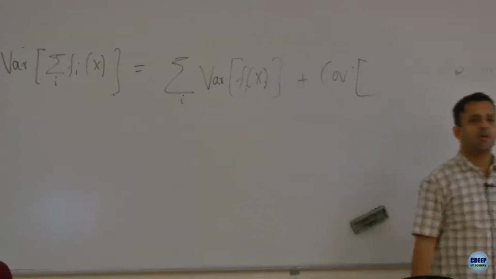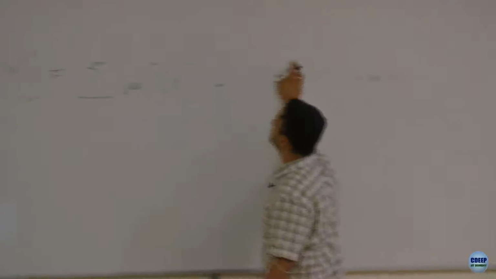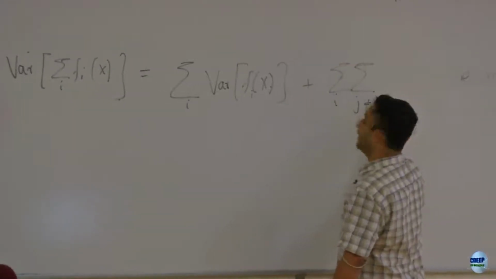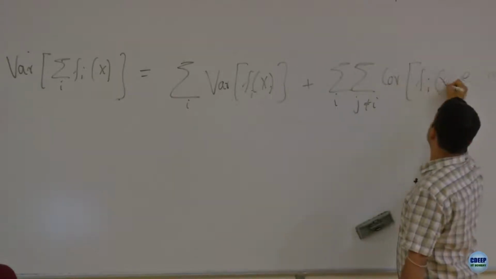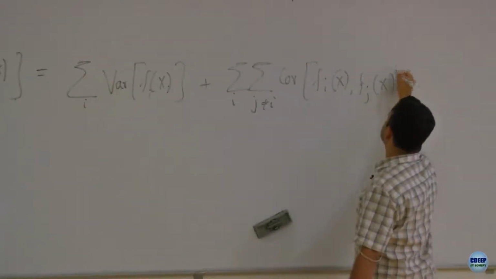Covariance between, so you'll have to look at summation i, summation j not equal to i, covariance of f_i(x) with f_j(x).